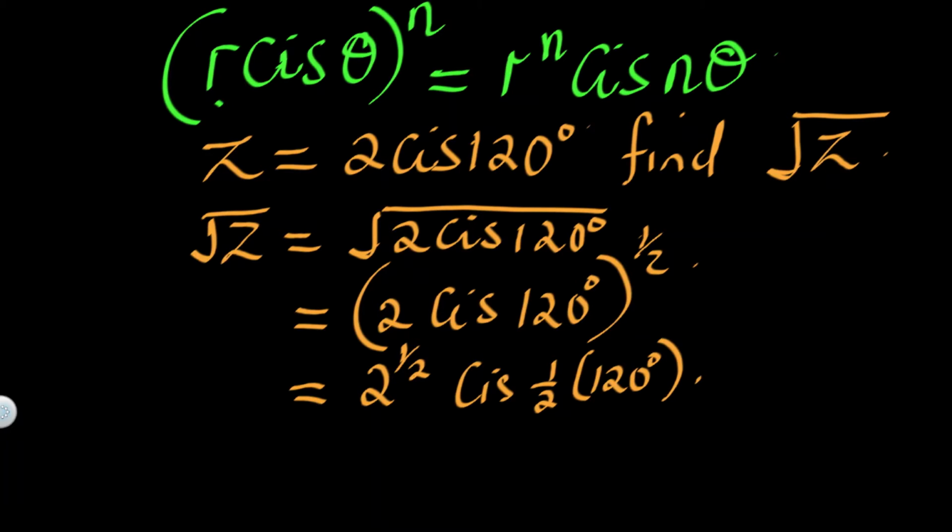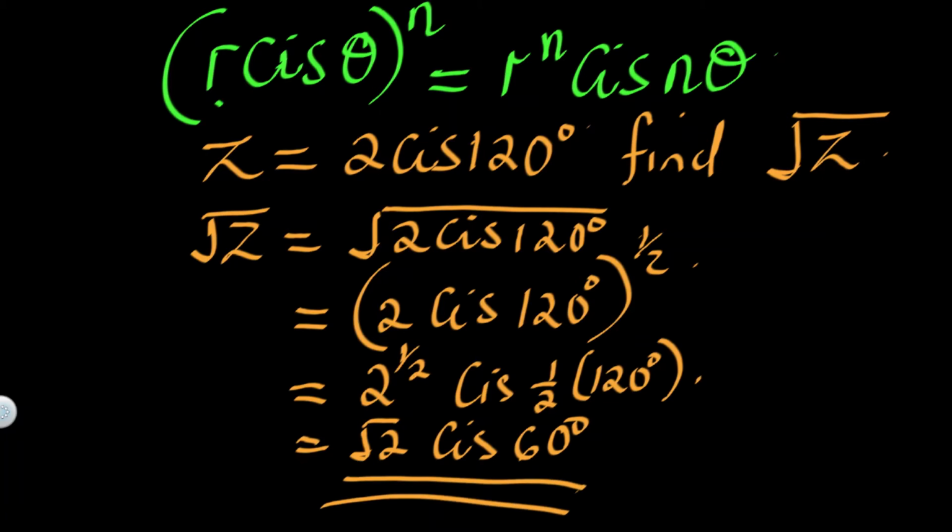This is root of 2 cis half times 120, 60 degrees. So this is the square root of our complex number z, and we have resolved it using de Moivre's theorem.